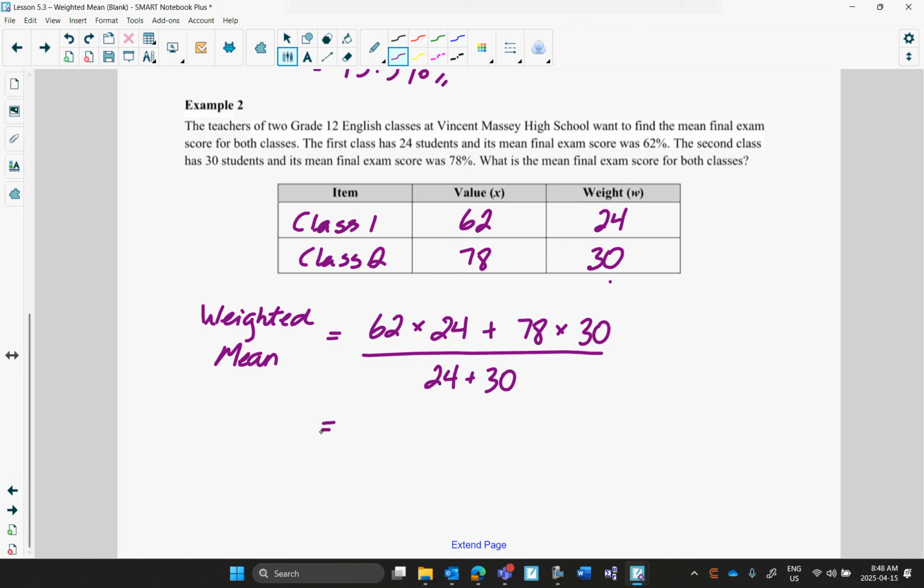So when you do that, you're going to get 3,828 divided by 54, and that's going to be approximately 70.89%.